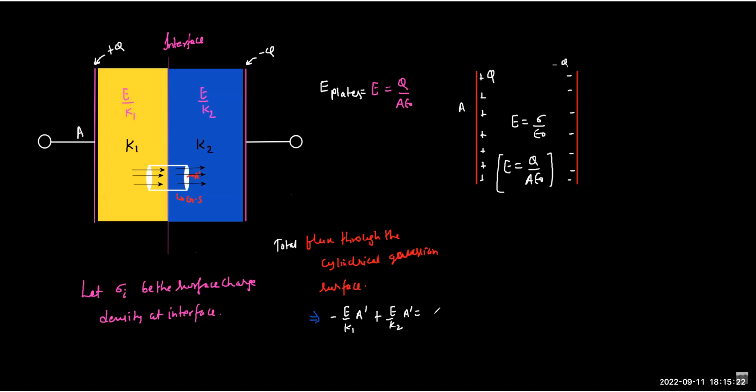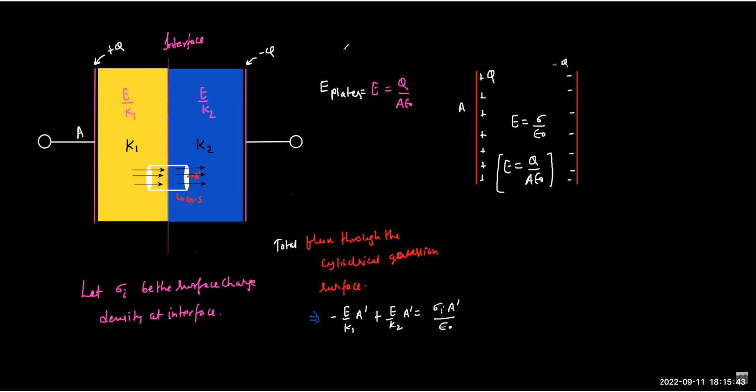And what is the charge enclosed by the cylinder? The charge enclosed will be near the interface of the cross section, you can say. So the charge enclosed is sigma I into A dash upon epsilon naught.